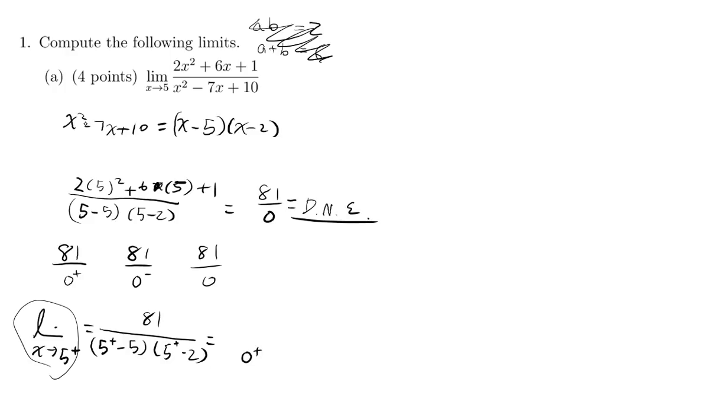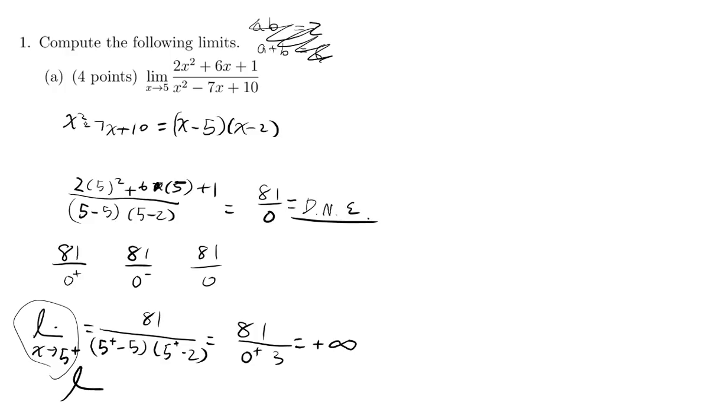So if you subtract 5 from it, you still have something that's slightly bigger than 0. This is still something positive, right? 3, and then this is 81. So overall, you're going to get positive divided by positive, which is positive, and it goes to positive infinity.